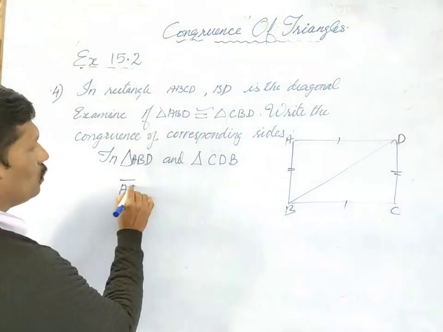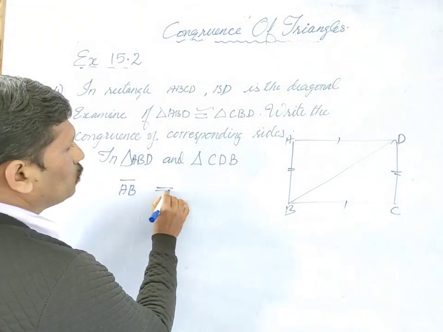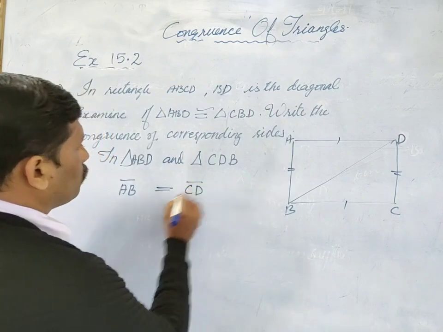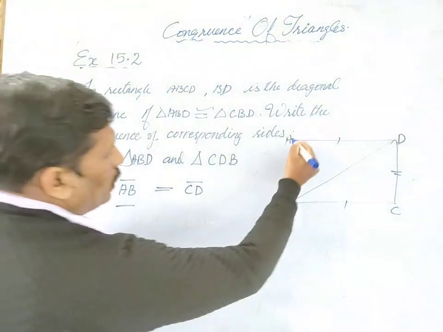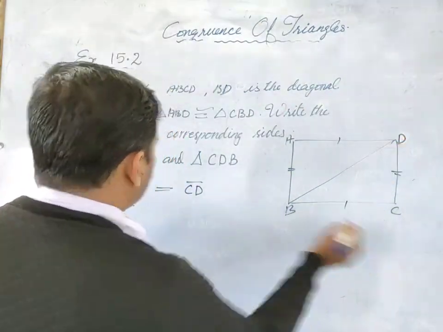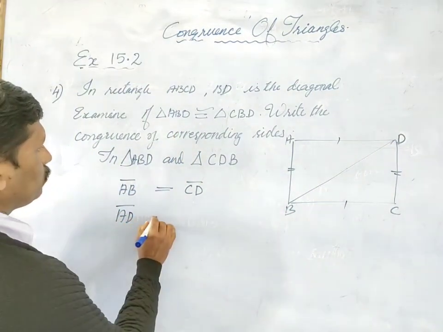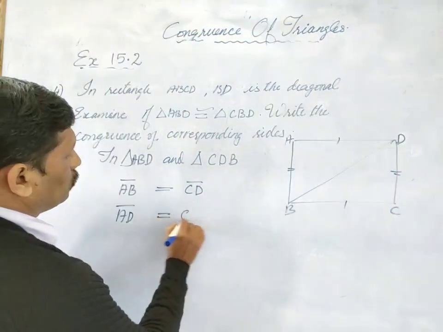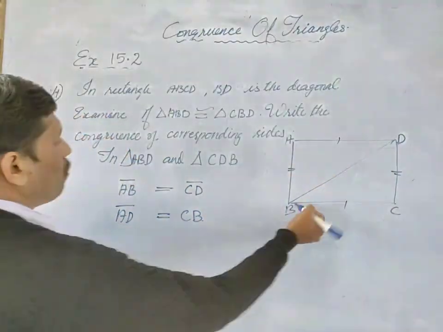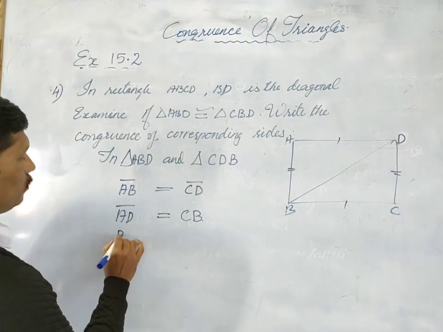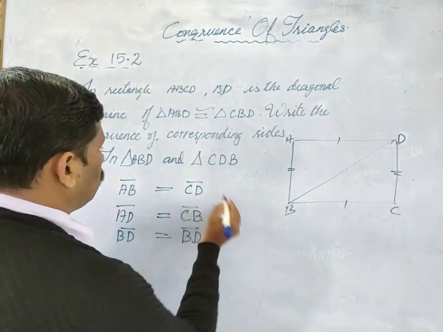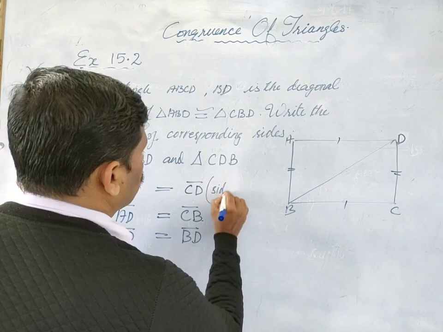Side AB is equal to side CD, and side AD is equal to side CB. These are sides of the rectangle.